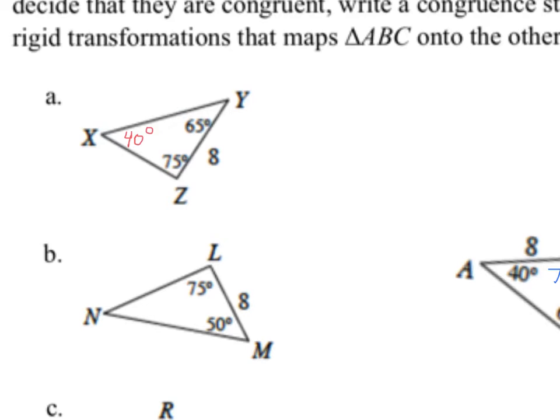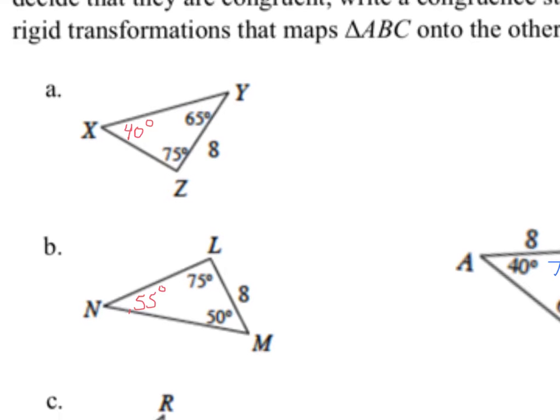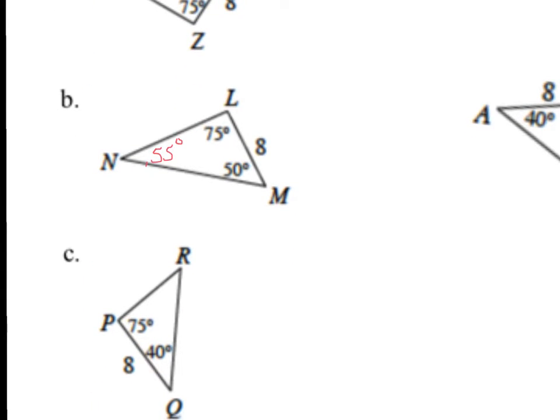And on B, what would angle N be? 45, so 75 plus 50 is 125. 125 subtracted from 180 is 55. And then on C, what's the measurement of angle R? 65. So 75 and 40 is 115. 115 subtracted from 180, so that would be 65.